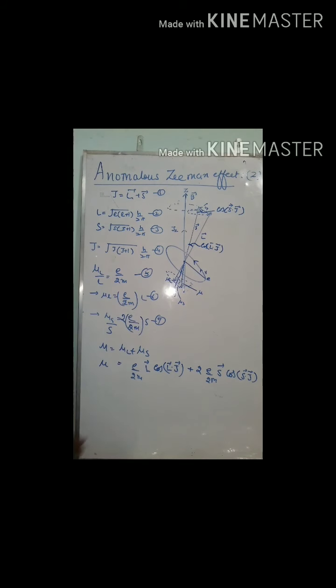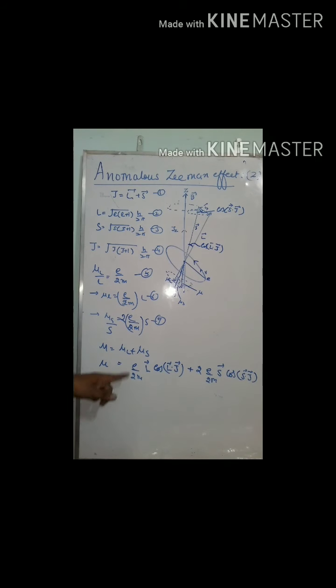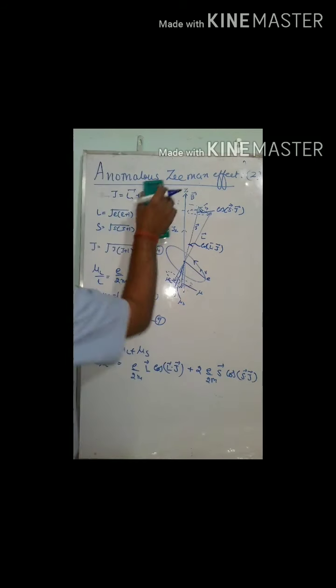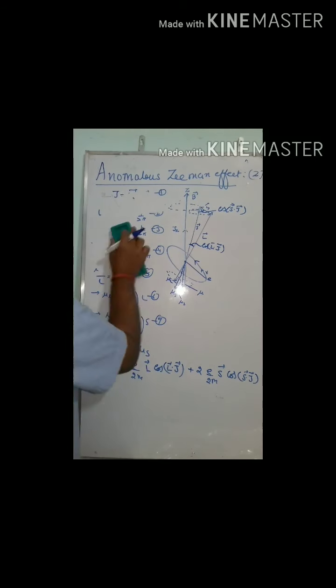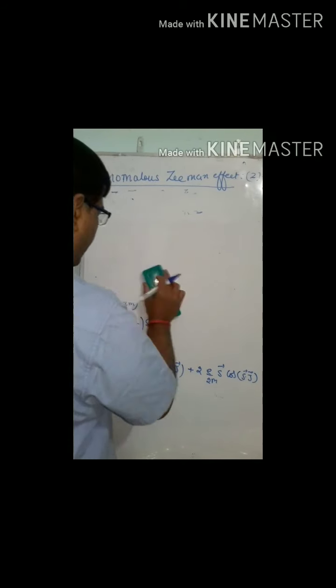So mu L can be written as e upon 2m into the component of L along the J direction, plus 2 into e upon 2m into the component of S along J, right? So if I want to calculate now, I can write it like this. So mu comes out to be how much? We have to calculate it.